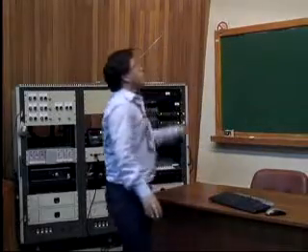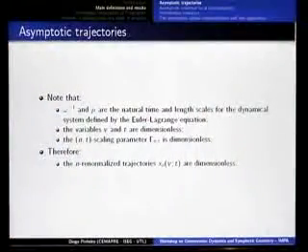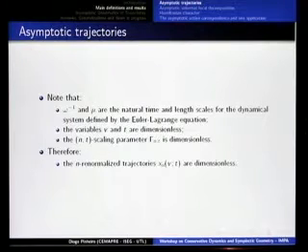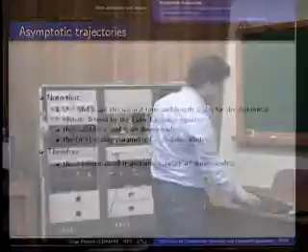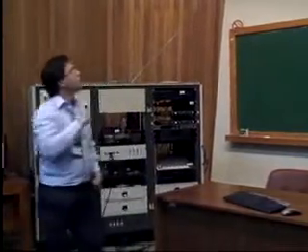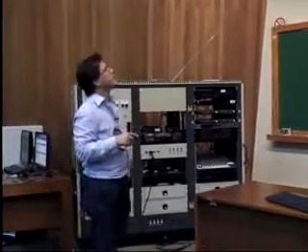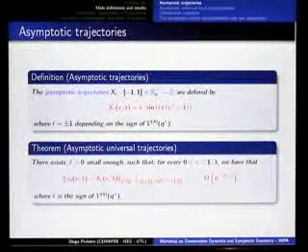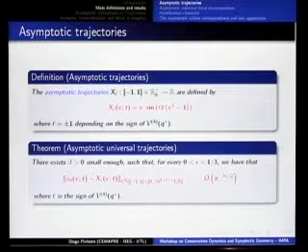Okay. So basically what I want to tell you also is that this omega and mu are natural time and length scales, and all the variables v and t are dimensionless, and the renormalized trajectories are also dimensionless. So we removed all dimensions from the system. Now, definition, we say that the asymptotic trajectories x_l are given by that formula, v times sine of l t (v squared minus 1).